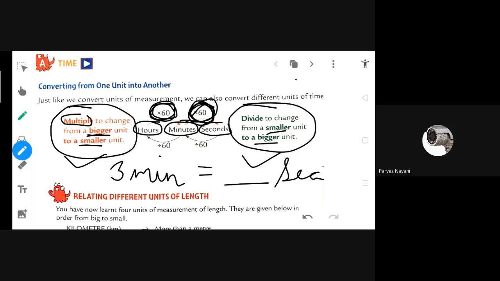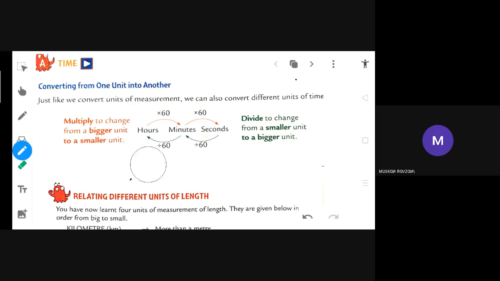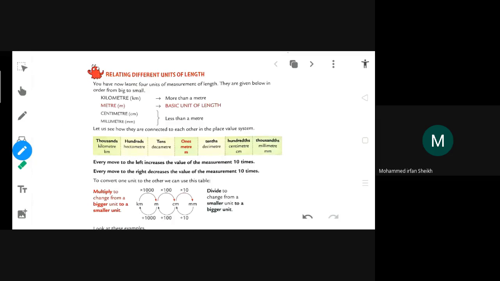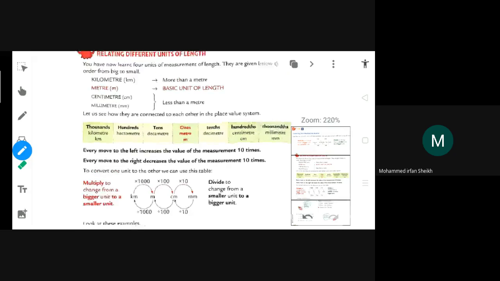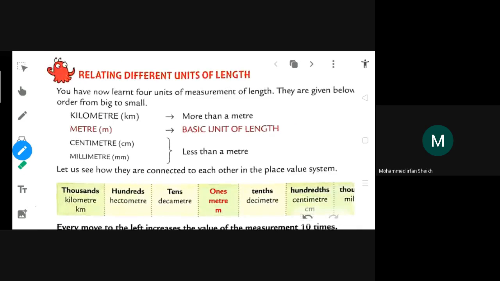So that is when to multiply. If you know when to multiply, then it is very easy. So hope this is clear when to multiply. Yes, ma'am. In the same way, in the last chapter 11 there was centimeter, meter. This is also given, you can see kilometer, meter, centimeter, millimeter in order of which is bigger.